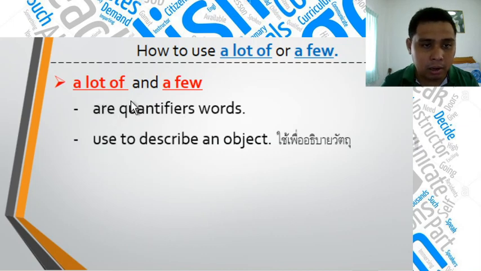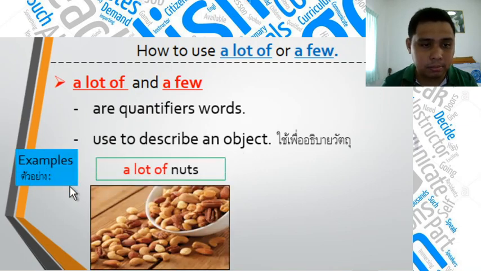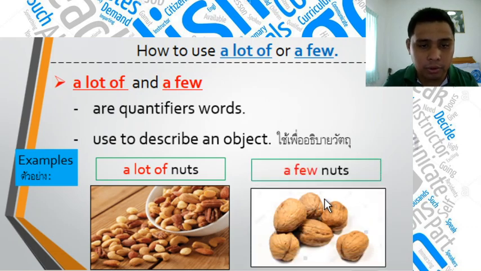A lot of and a few are quantifier words. They are used to describe an object. For examples, a lot of nuts, a few nuts.